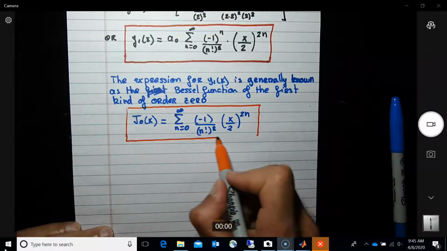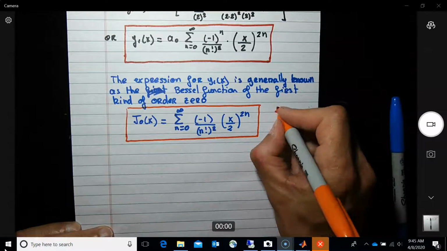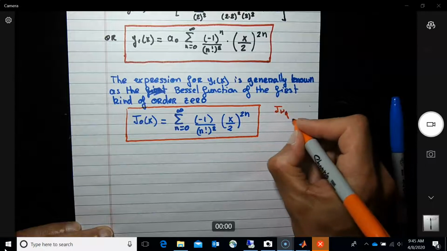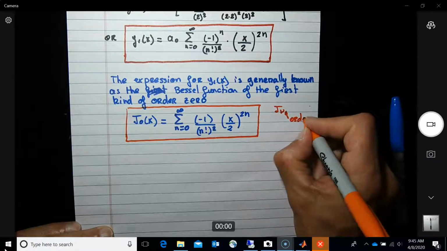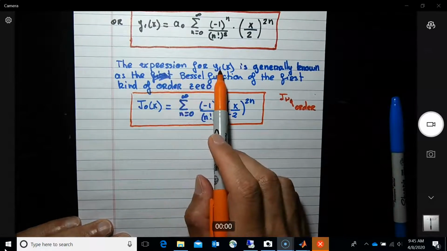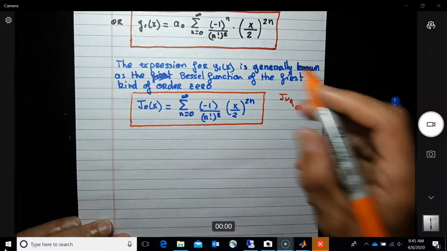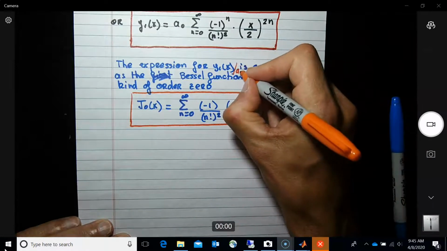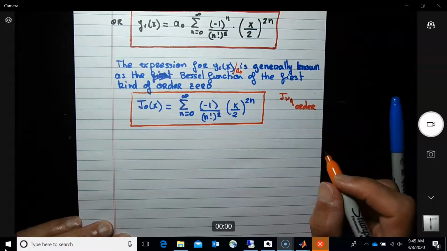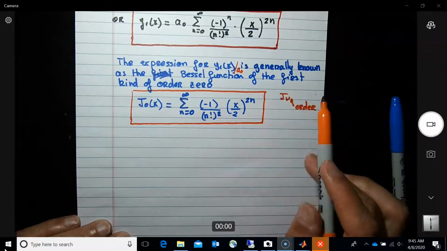So j is for the first kind, and the order generally would come here. You will see these different functions that are j sub mu. This is the order of the Bessel function. Okay, so in this case it's order 0. And it's not really y sub 1, to be accurate, y sub 1 divided by a naught is generally known as the Bessel function of the first kind of order 0. All right.